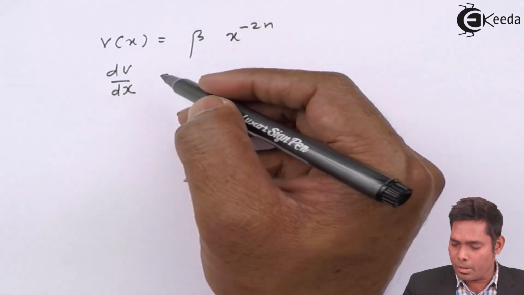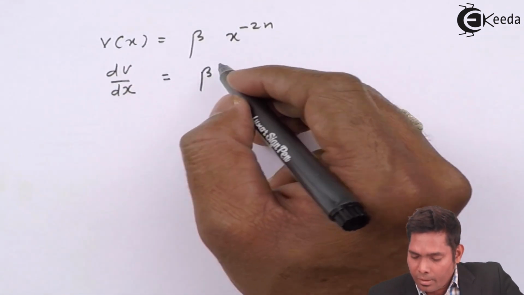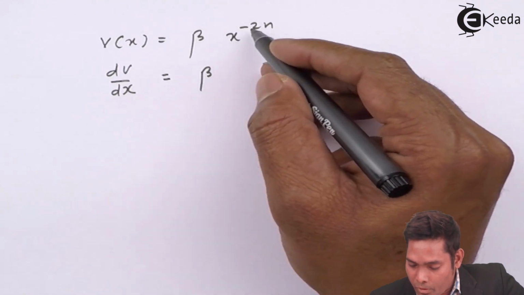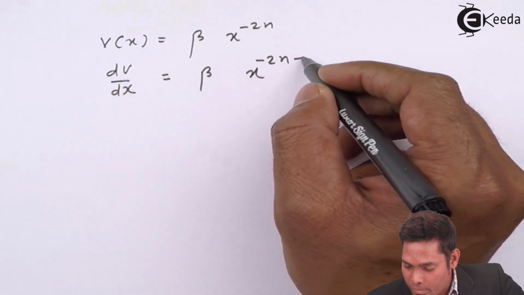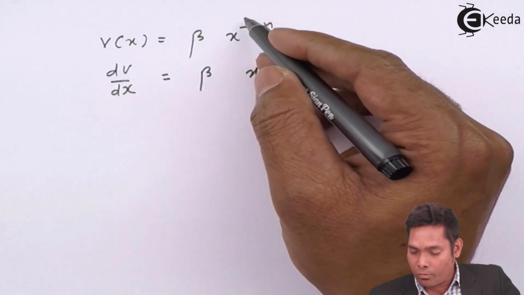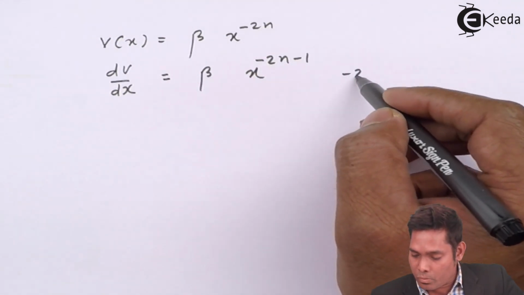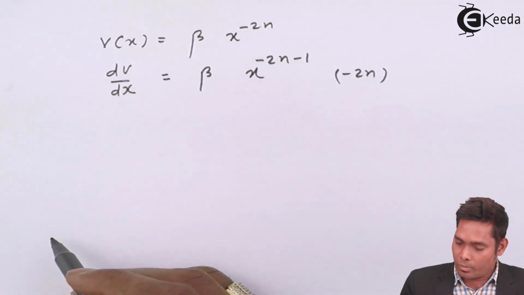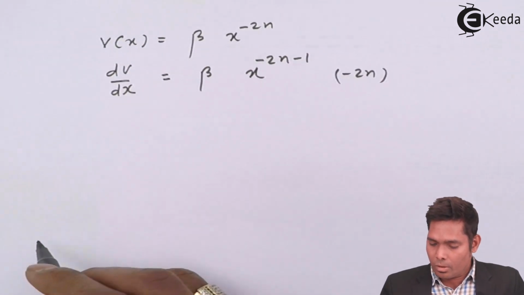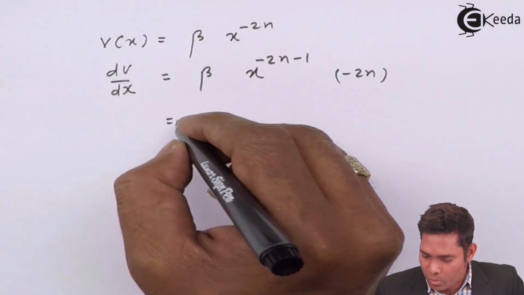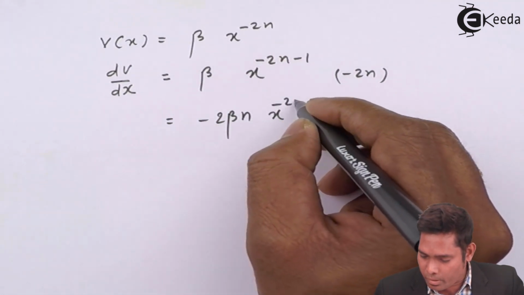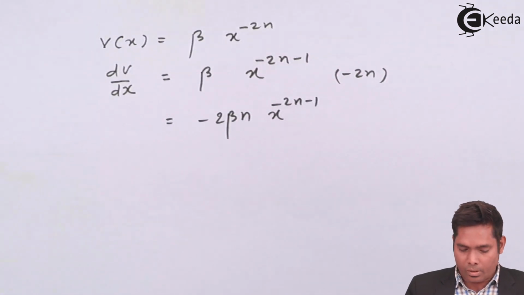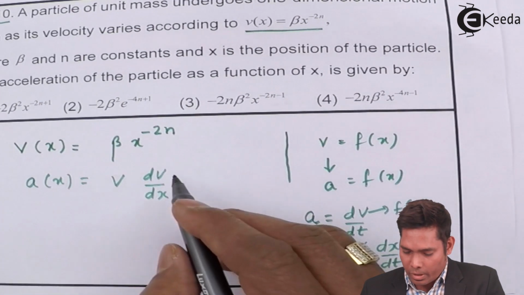Beta will be there, and the derivative of x to the power minus 2n is x to the power minus 2n minus 1, multiplied by minus 2n. So this is equal to minus 2 beta n x to the power minus 2n minus 1. So this part is okay now.